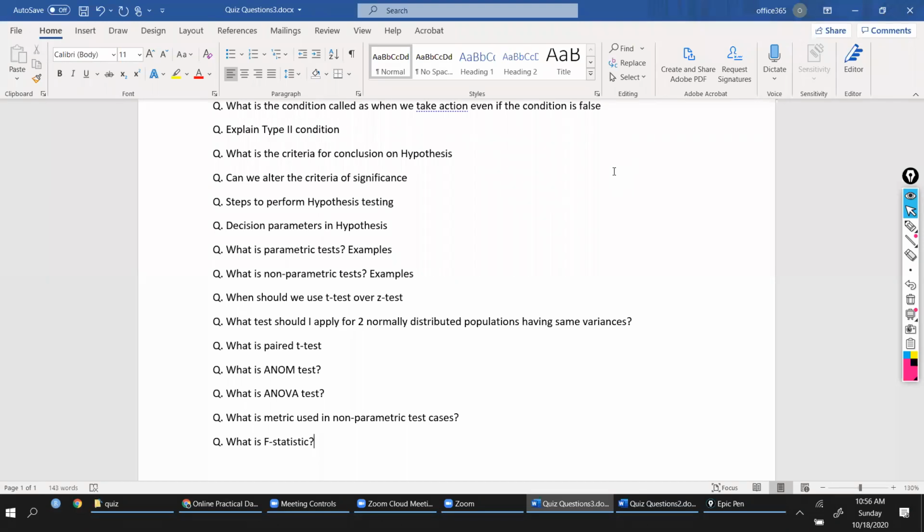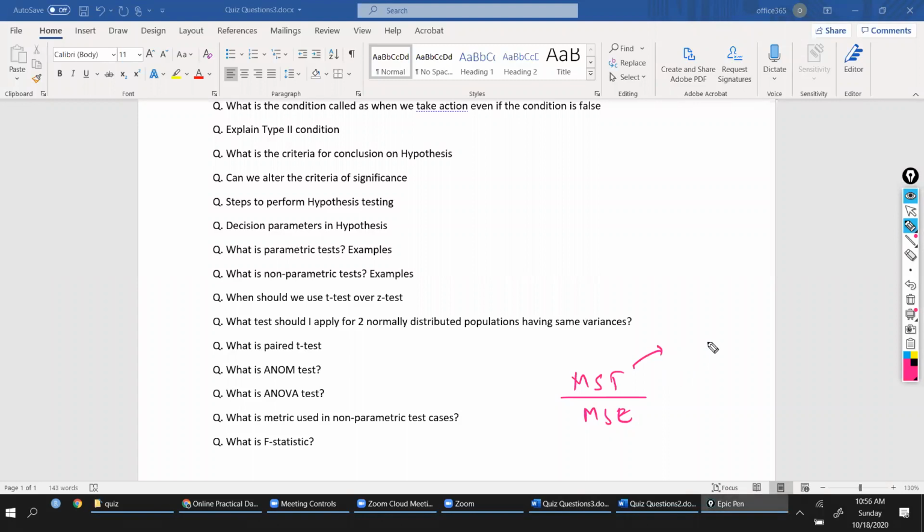Error, MSE, is in the denominator. That means we are looking at within-group variability in the denominator and among-group variability in the numerator. So it is MSTR, mean square treatment, over mean square error.